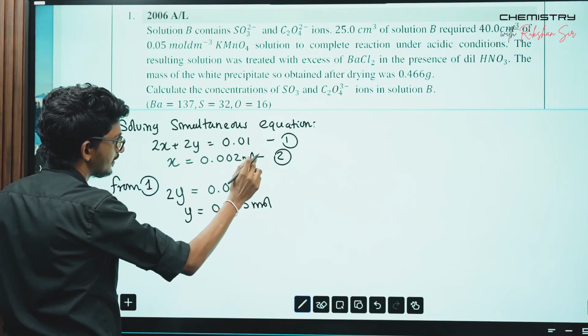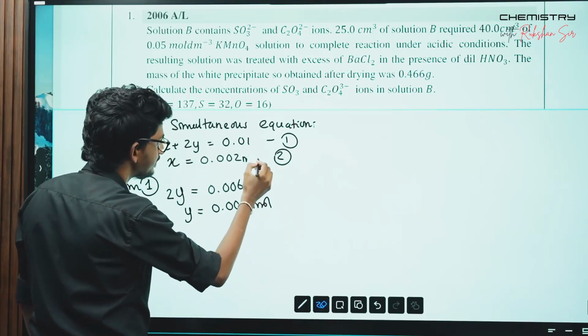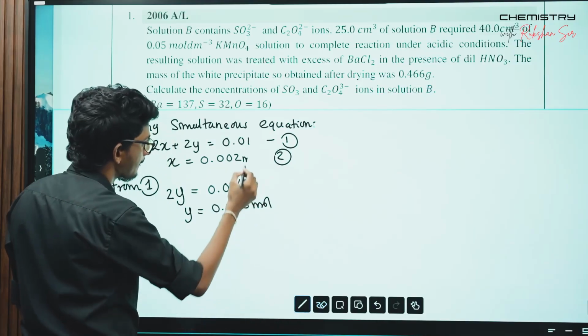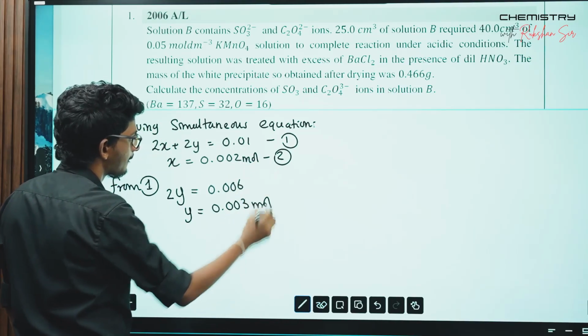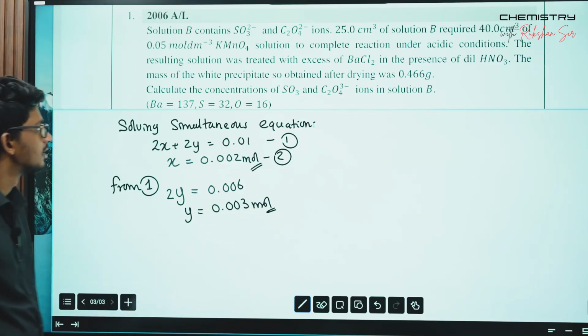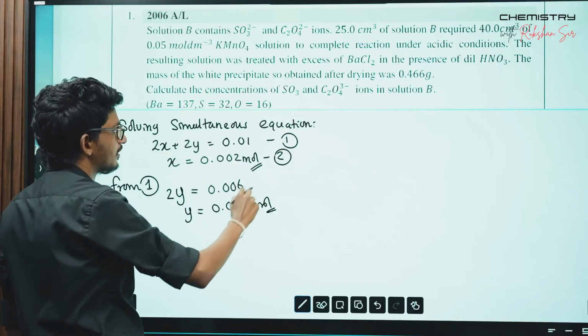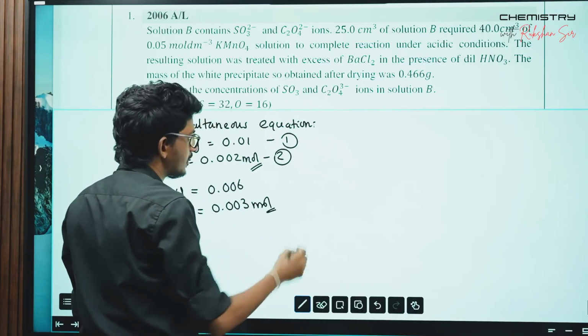This is in moles. Right, these are the two values for x and y, so that we can calculate the concentrations. X is for the sulfite, this is for oxalate, right?